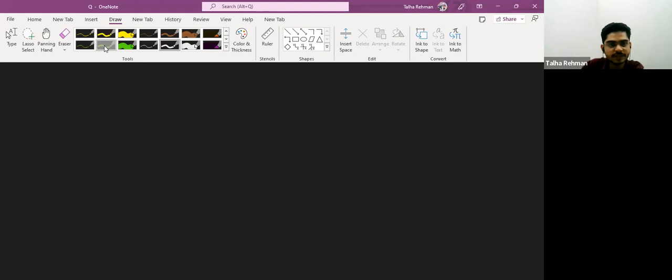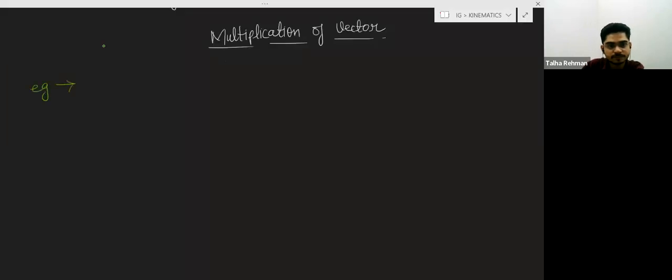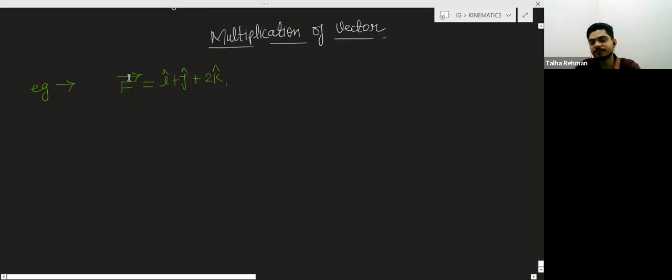Suppose a force vector is given as i cap plus j cap plus 2 times k cap, and I want to multiply this force vector with a scalar, that is 2.